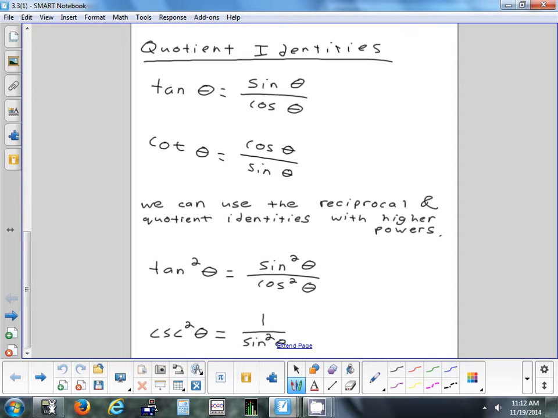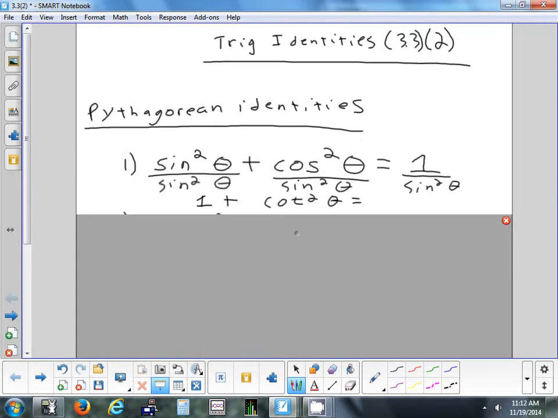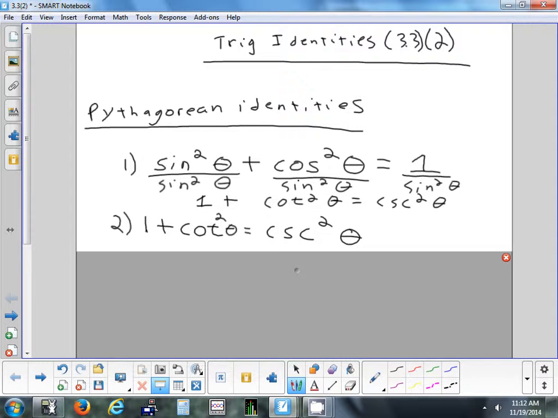Well, we had an identity for 1 divided by sine. It's cosecant. What do you think 1 over sine squared would be? Cosecant squared. And by dividing everything through by sine squared, that gives us our second trig identity. 1 plus cotangent squared equals cosecant squared.